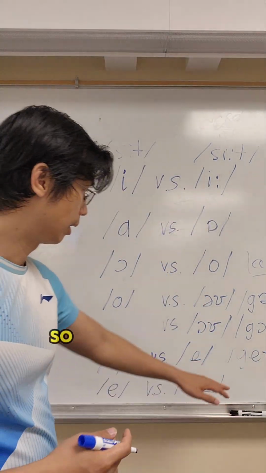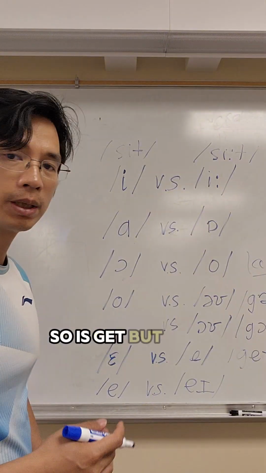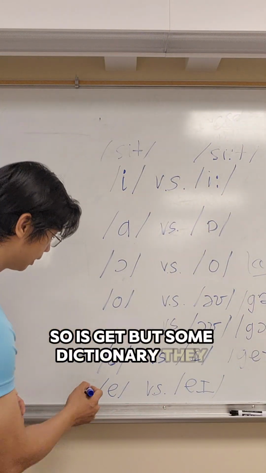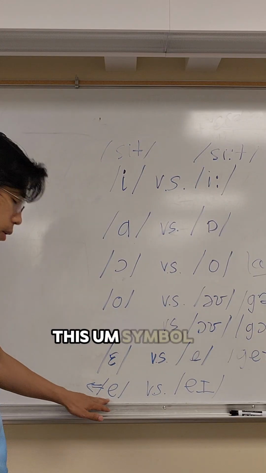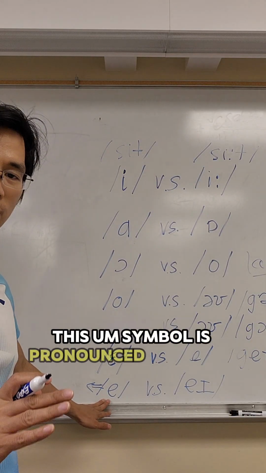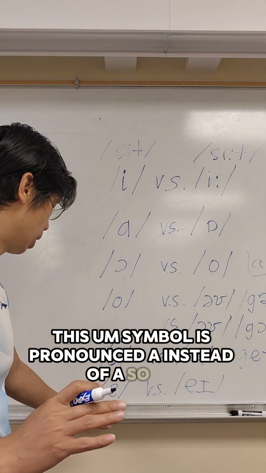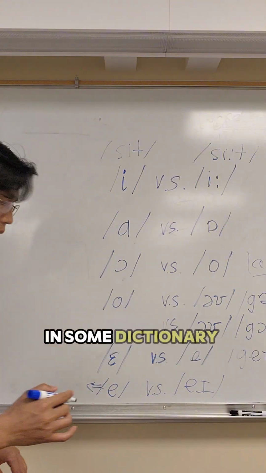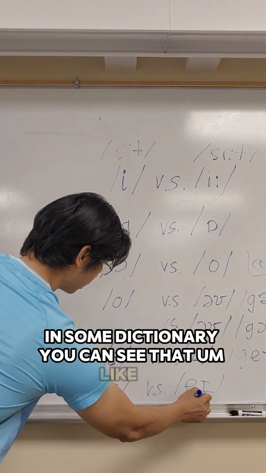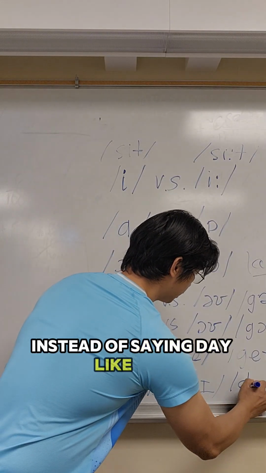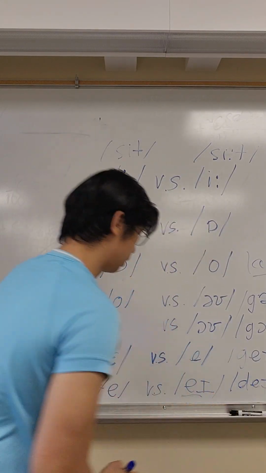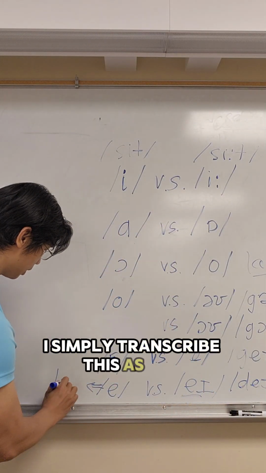So it's get. But some dictionaries transcribe this symbol as pronounced A instead of E. So in some dictionaries, instead of saying day like this, they simply transcribe it as day.